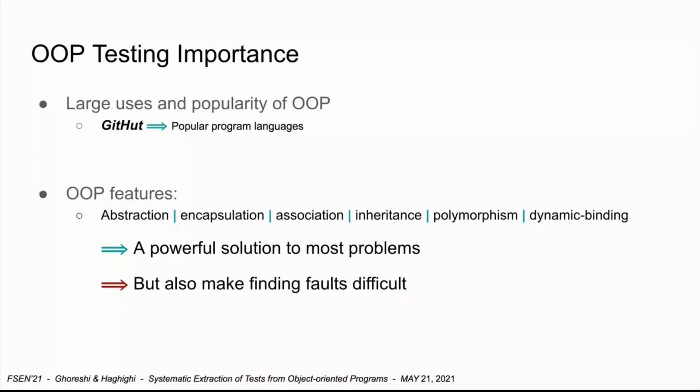On the other side, there are the code or program-based approaches, which generate tests based on the program source code. We can categorize these approaches into two groups. The random-based approaches usually generate random method sequences for a class and evaluate each sequence to exhibit illegal behavior, for example, a program crash.